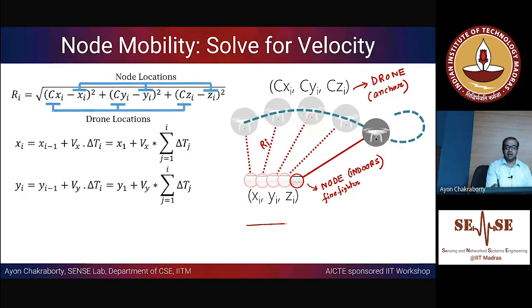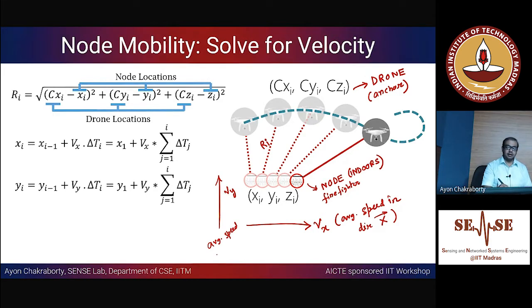So Vx is the average speed in direction x, and similarly Vy is the average speed in direction y.